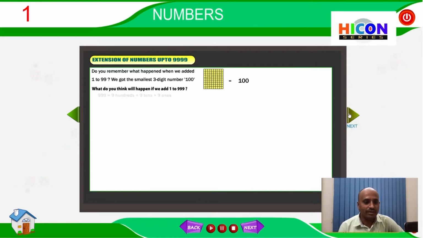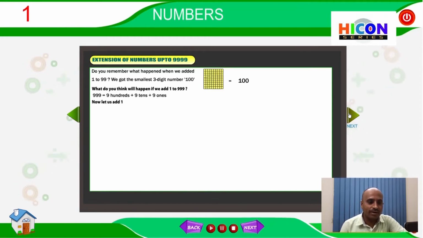What do you think will happen if we add 1 to 999? 999 contains 9 hundreds, 9 tens, 9 ones. Now let us add 1. So 999 plus 1 is equal to 9 hundreds plus 9 tens plus 9 ones plus 1.